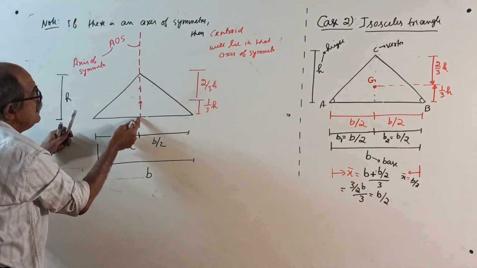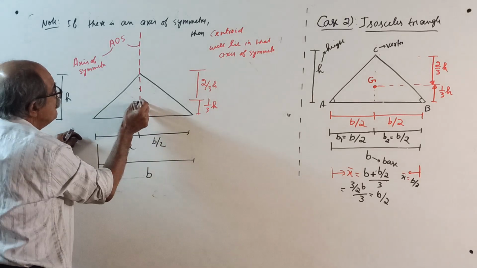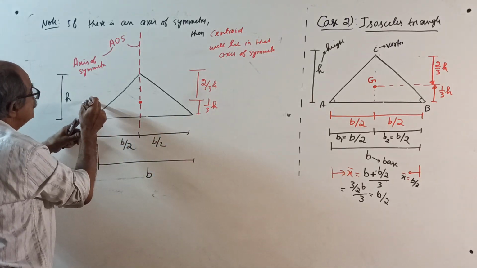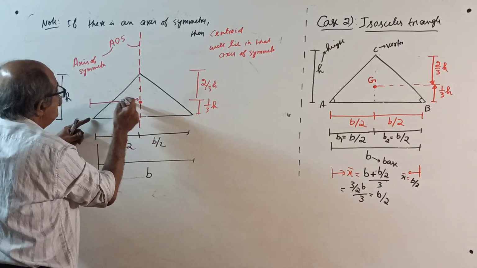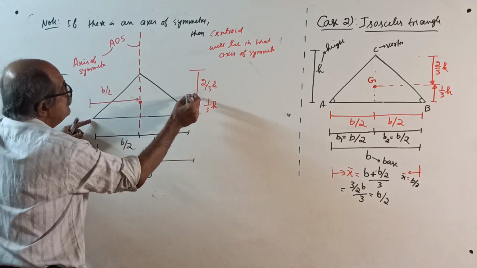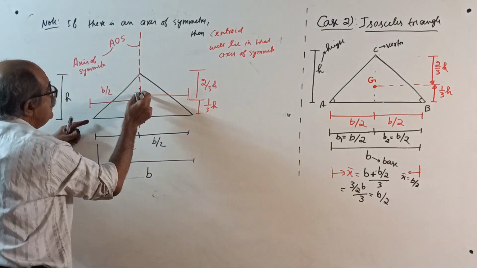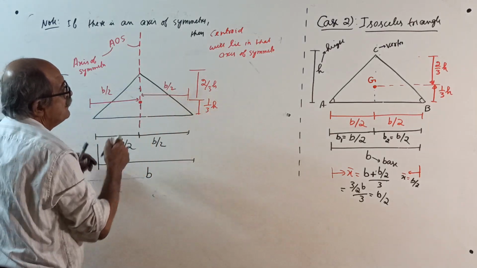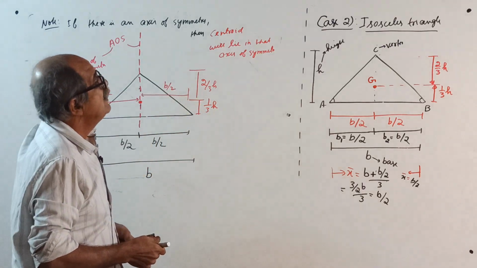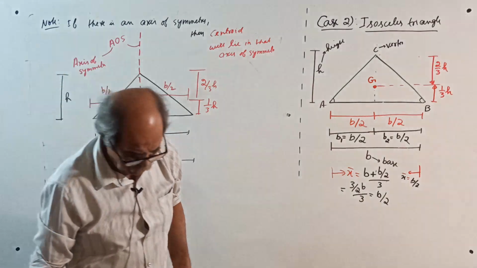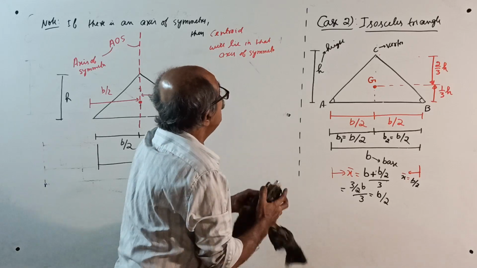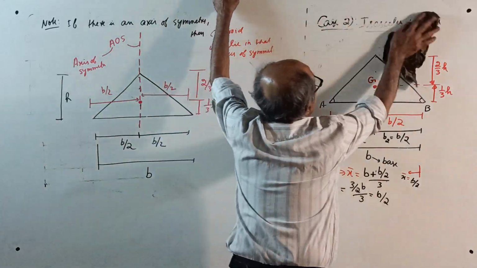Once you locate 1 by 3H from here, the point comes here. There is no offset here, so this distance will be B by 2, and this distance also will be B by 2, exact center. That is the isosceles triangle done. Now, you take one more case of isosceles triangle.